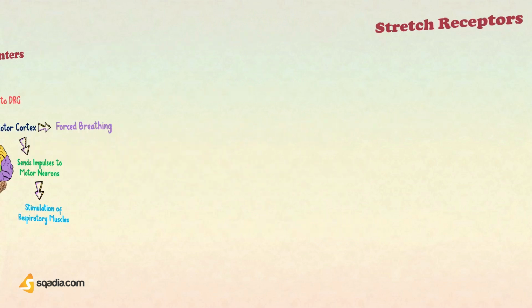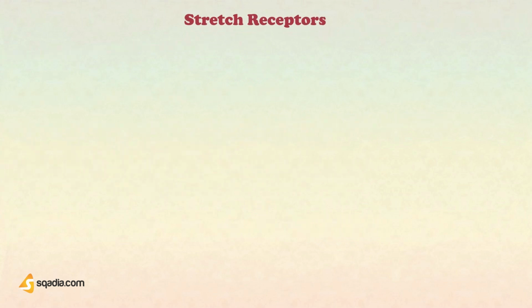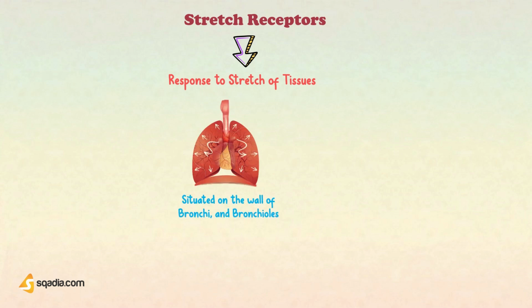Next, we have the impulses from stretch receptors of lungs. Well, stretch receptors are the receptors which give response to stretch of the tissues. These receptors are situated on the wall of the bronchi and bronchioles. Expansion of lungs during inspiration stimulates the stretch receptors.